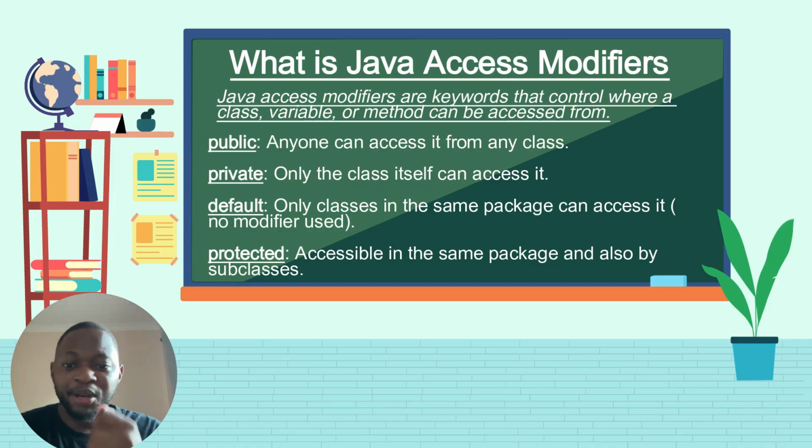And then we have our protected modifier. So the protected keyword or modifier means that whatever you specified as protected can only be accessed in the same package, and also by your subclasses. And we'll touch later on subclasses when we talk about inheritance and stuff.